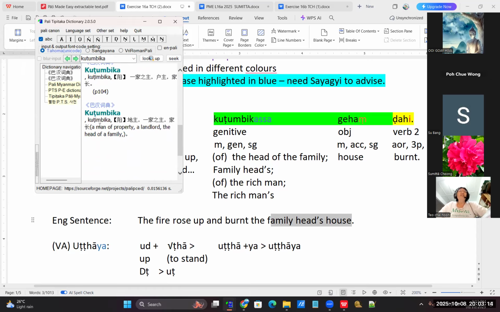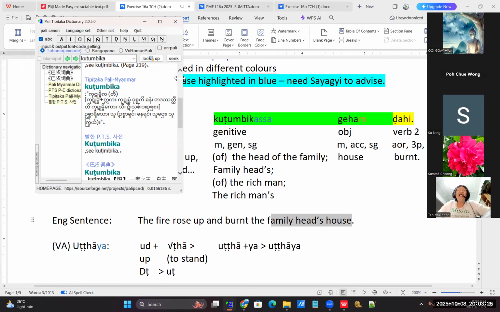But another meaning is a man with property, and a man with property means a rich man. Another meaning also refers to a rich man. That's why your translation is rich man. Kutumbika, it's correct. Yeah, it's correct.